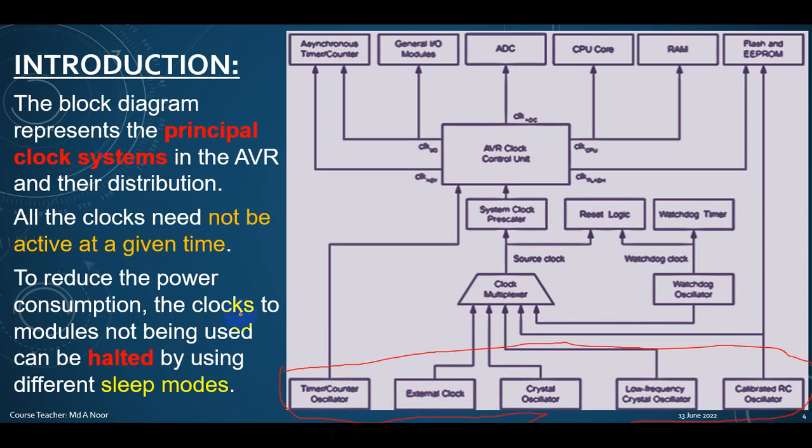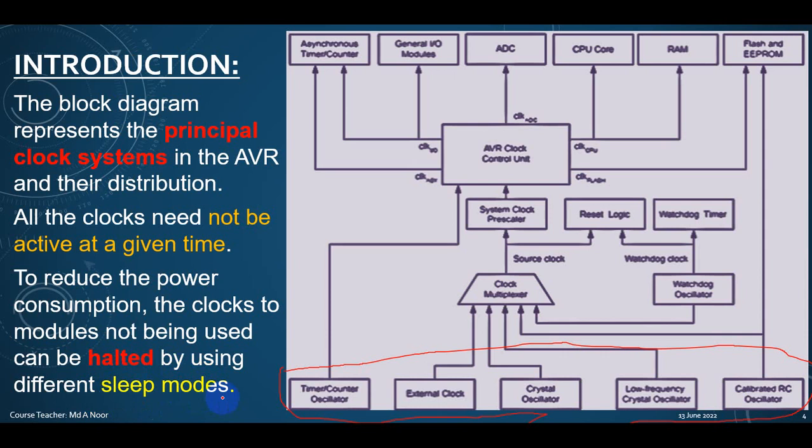That's all. Okay. To reduce power consumption, the clocks to modules not being used can be halted by using different sleep modes. We'll talk about the sleep modes. By using different sleep modes, you can halt some of the components or functionality of the microcontroller to conserve energy.